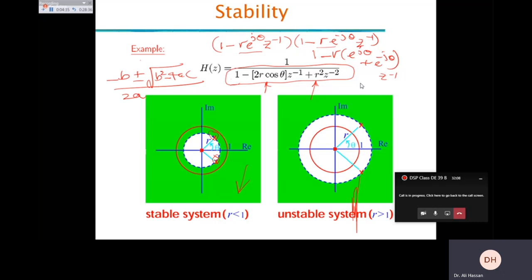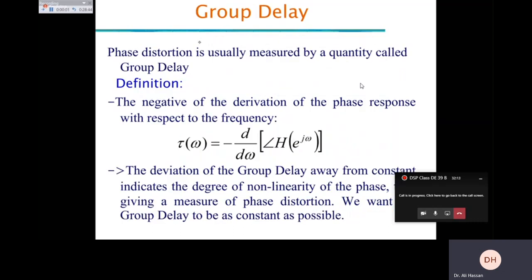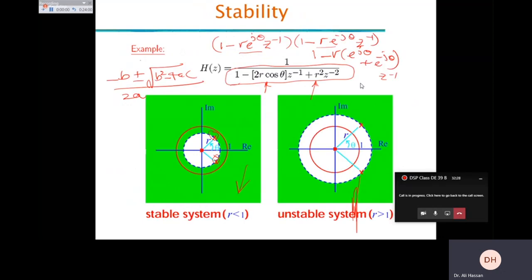For example, if I write a difference equation as y of n minus 6 y of n minus 1 plus 0.8 y of n minus 2 is equal to x of n, just by looking at the coefficient of y n minus 2, I can comment whether the system is stable or not.